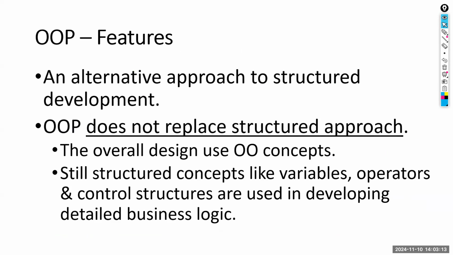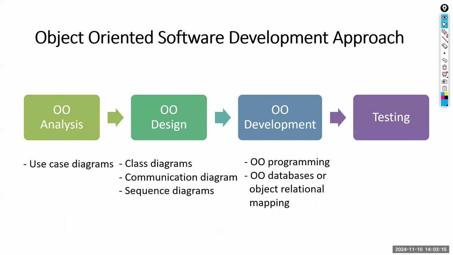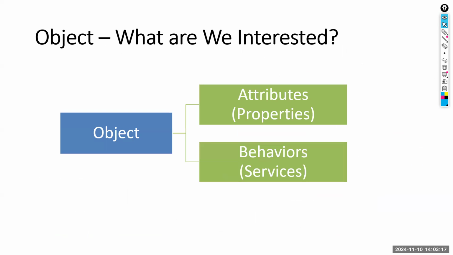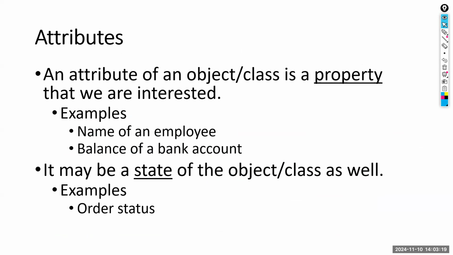And then we discussed that these attributes can be instance variables or class variables. If every object gets its own value, like the balance of an account or the price of an item, those are instance variables. But if it is a common value for all the objects of that type, it's a class variable, like the interest rate of an account.